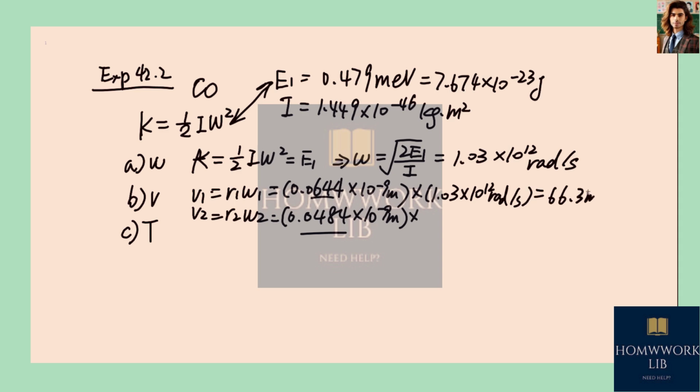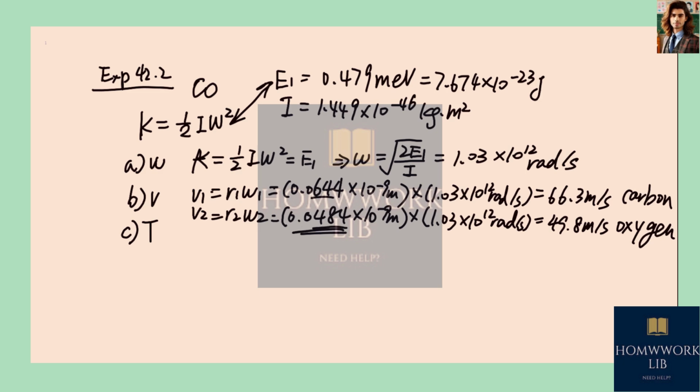For carbon, we have a linear speed of 66.3 meters per second, and for oxygen, we have a speed of 49.8 meters per second. If you think about it, it also makes sense because oxygen is heavier than carbon, so oxygen should be closer to the center of mass than carbon is.